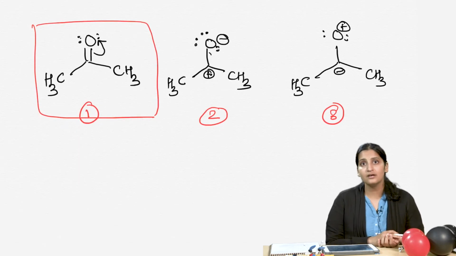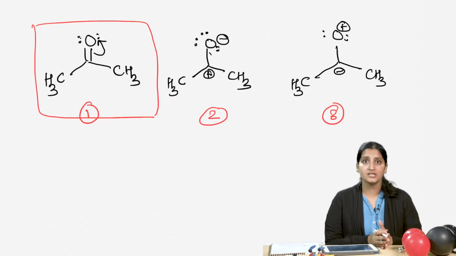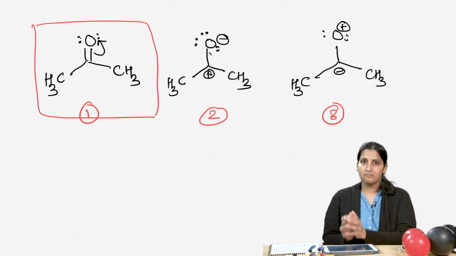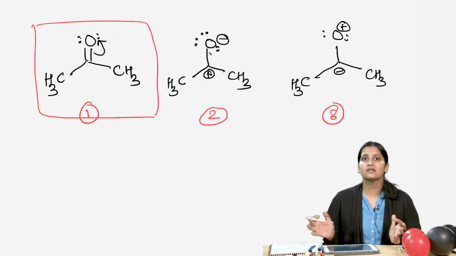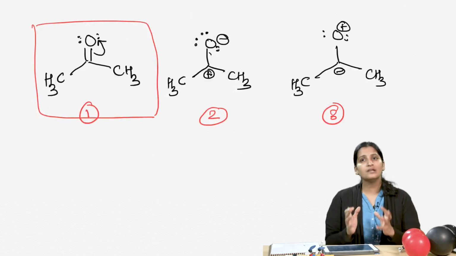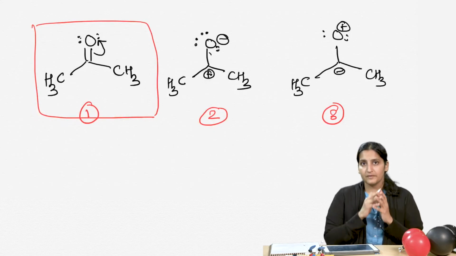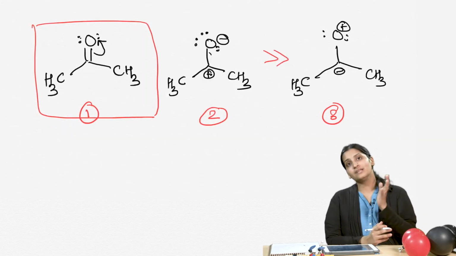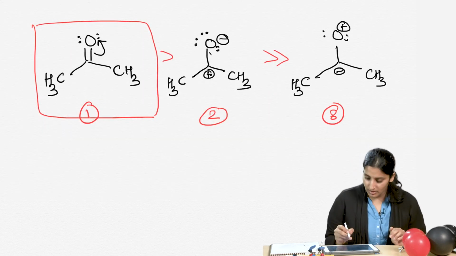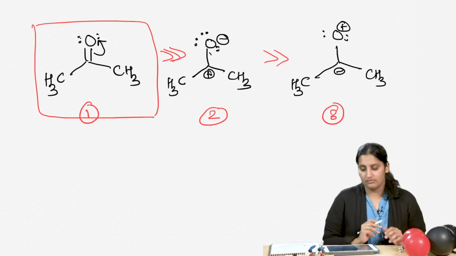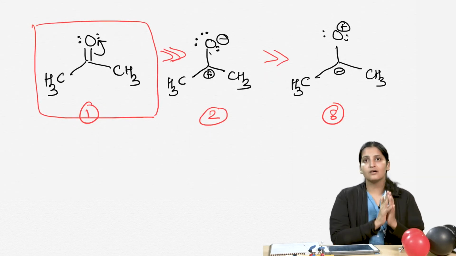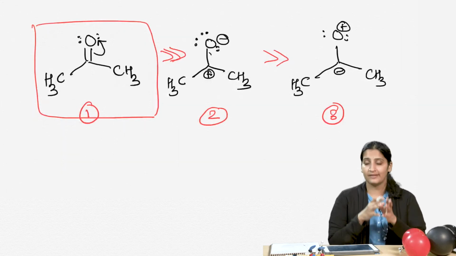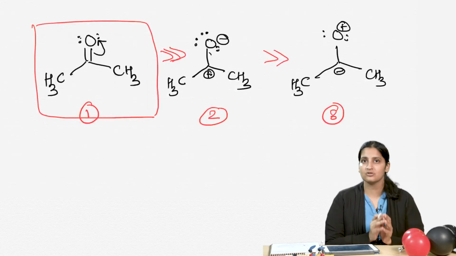On the other hand, in the third one, an electronegative element like oxygen, especially when it bears a positive charge and has an incomplete octet, is really unstable. So, between 2 and 3, the second is much more contributing than the third resonance structure. But remember, the first one, wherein there are no charges and the octet of each atom is complete, has a much higher likelihood of contributing more towards the resonance hybrid.